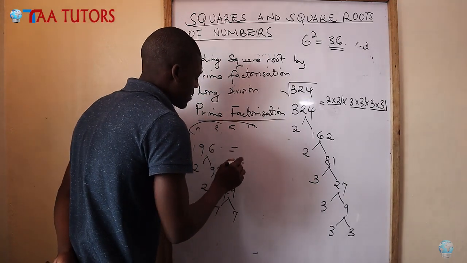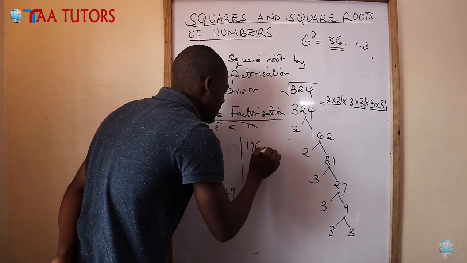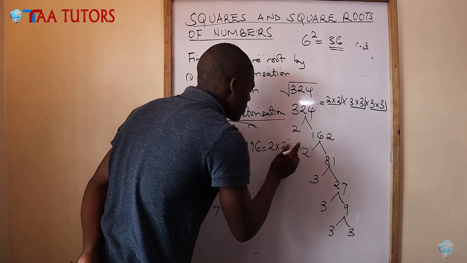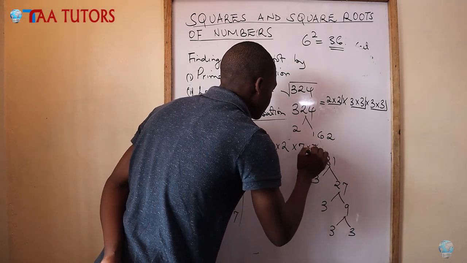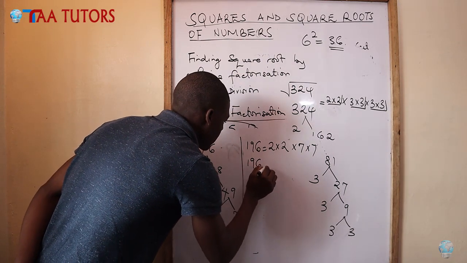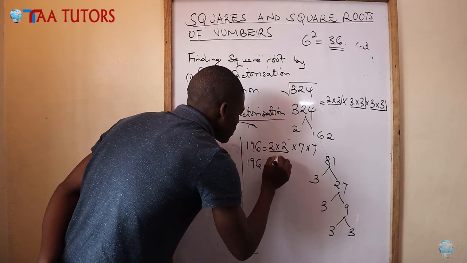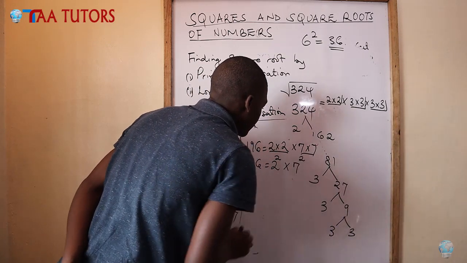So we know that 196 is given by 2 times 2 times 7 times 7. When we pair, 196 will be equal to 2 squared by 7 squared.